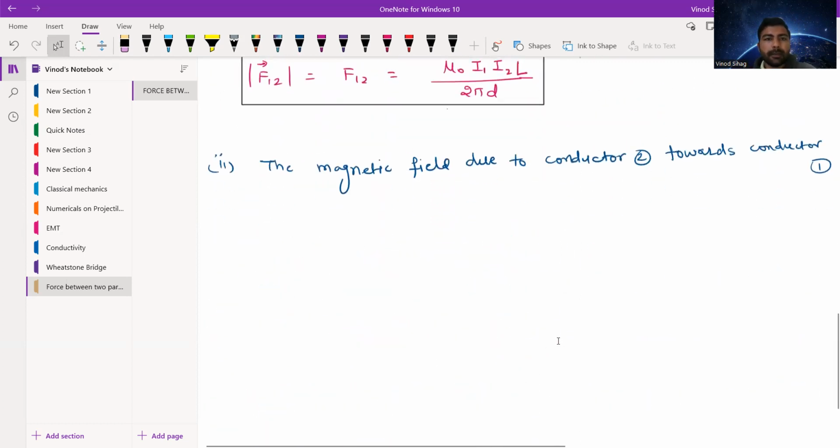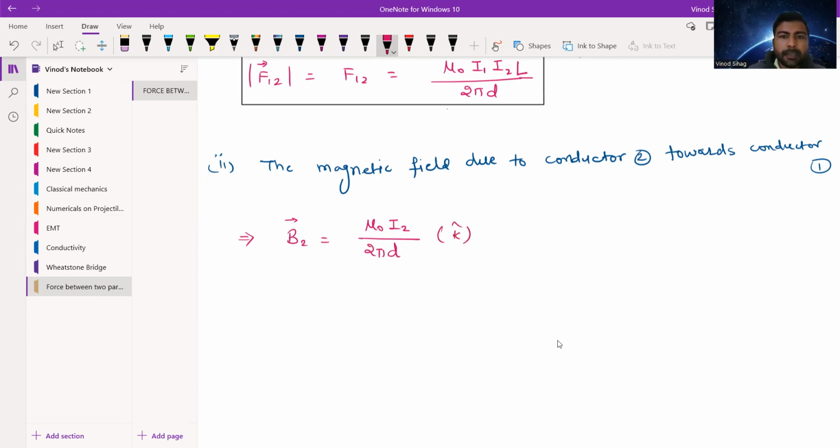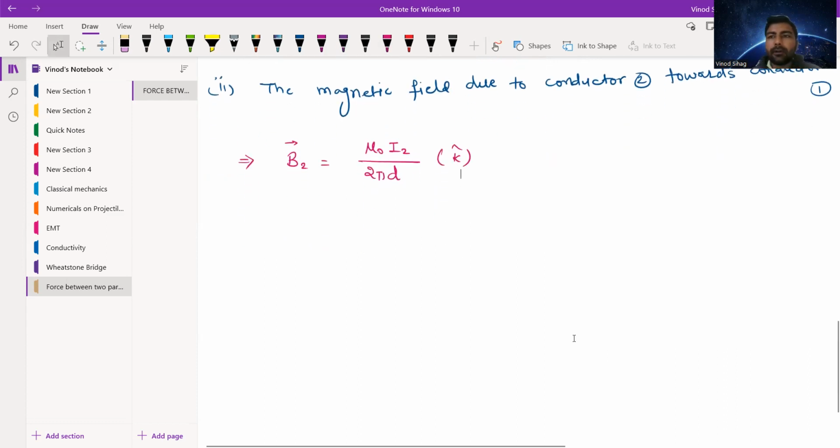The magnetic field B2 vector equals mu naught I2 upon 2 pi d, and the direction is plus k cap. Now we will find out the force due to conductor 2.